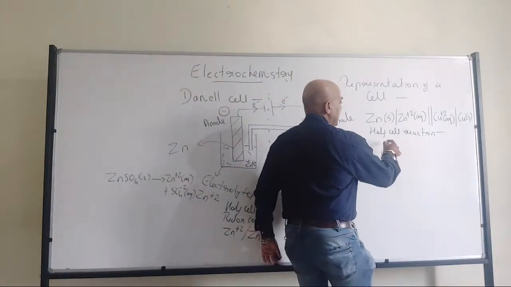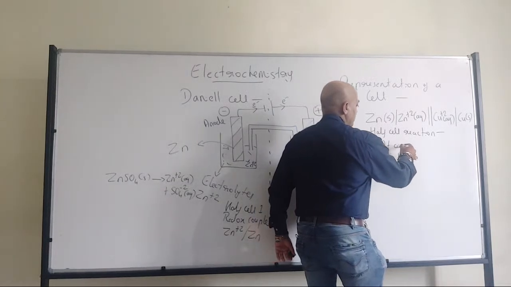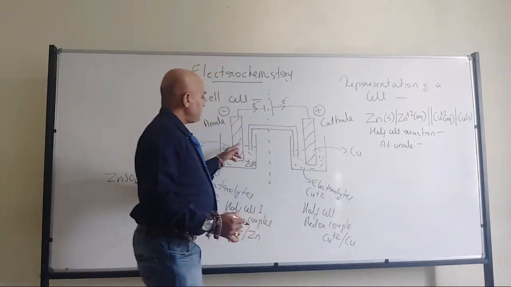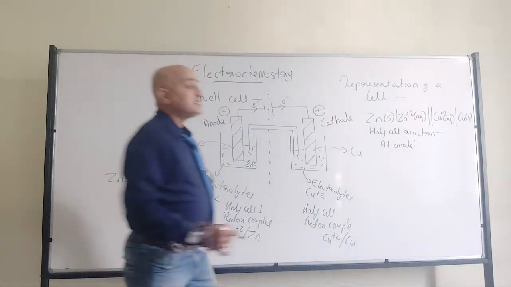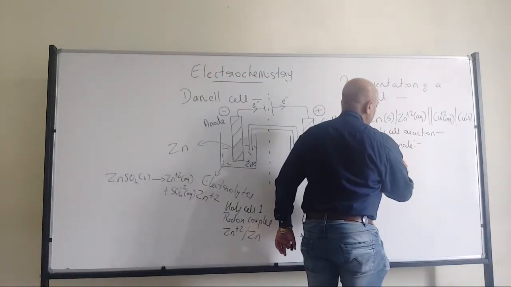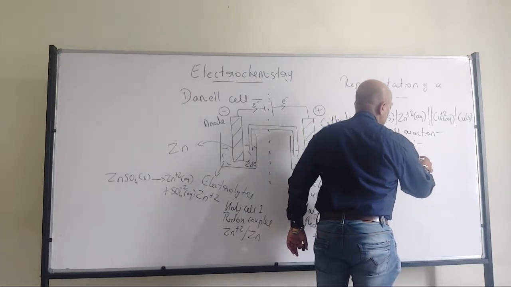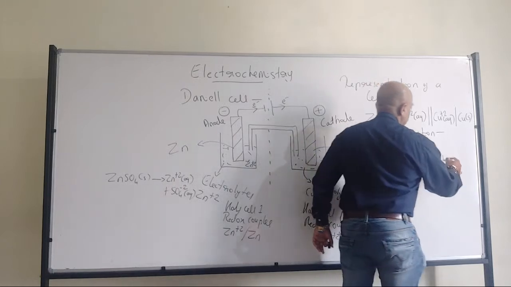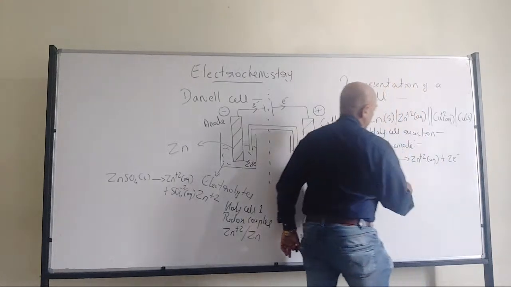So therefore, first we will go with the anode. At anode, what is happening? At anode, zinc is going to donate the electron, and itself it is becoming zinc ion, and there will be release of 2 electrons.